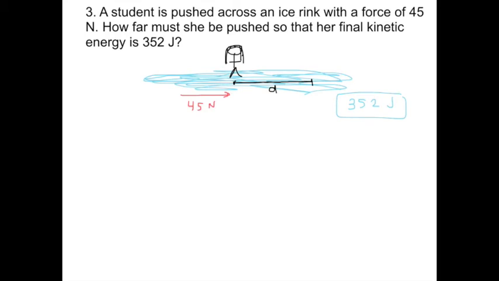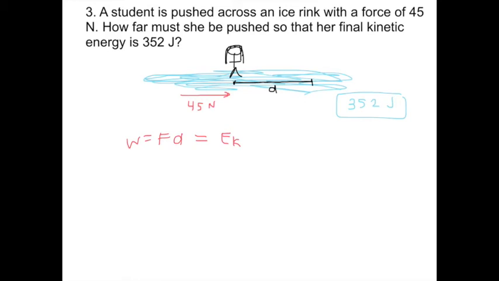Number 3. A student is pushed across an ice rink with a force of 45 newtons. How far must she be pushed so that her final kinetic energy is 352 joules? So in this case, we're looking for kinetic energy, but this is slightly more complicated because we're also combining work. We've defined work as force times distance, and we know that the work performed on the girl will be equal to her kinetic energy because of the work-kinetic energy theorem.